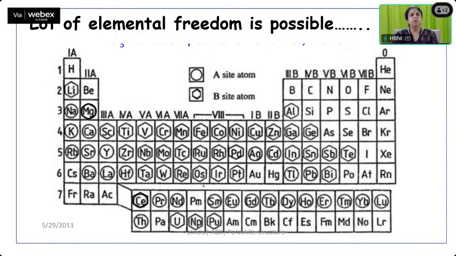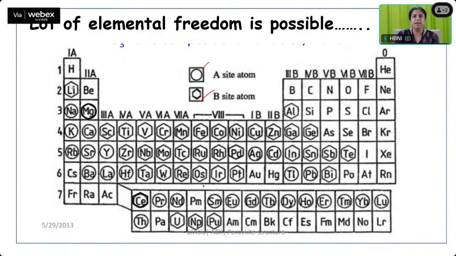Now, as I said, it shows so many properties because effectively, if you look at the periodic table, the ones that are surrounded by circle represent the element that can occupy A site. The ones represented by this hexagon represent the element that can occupy B site.